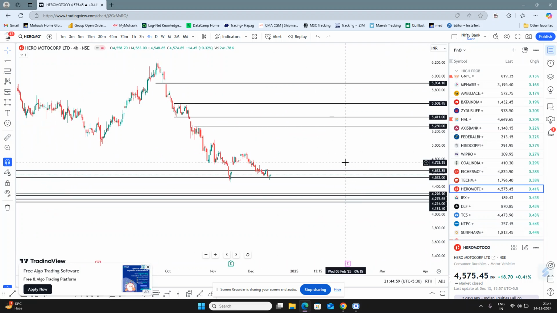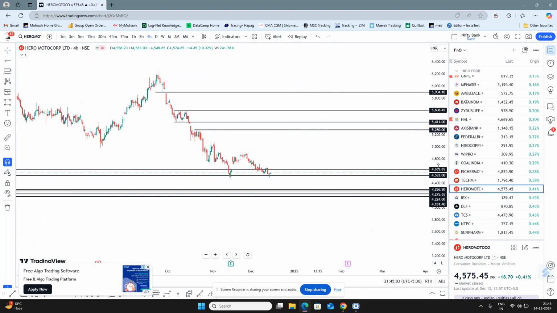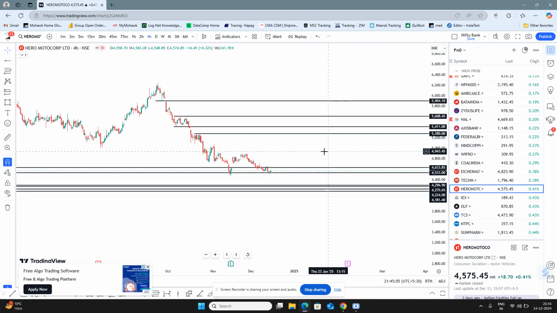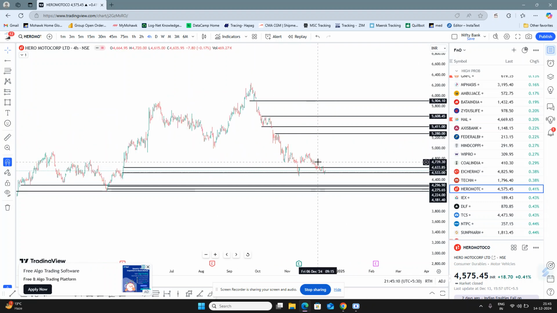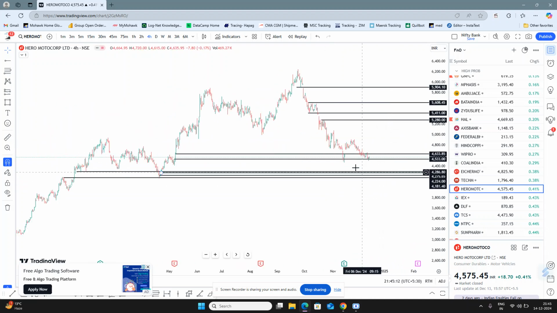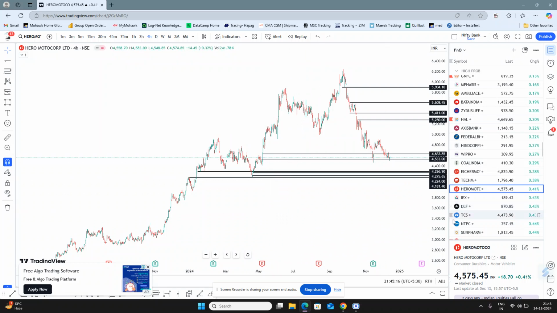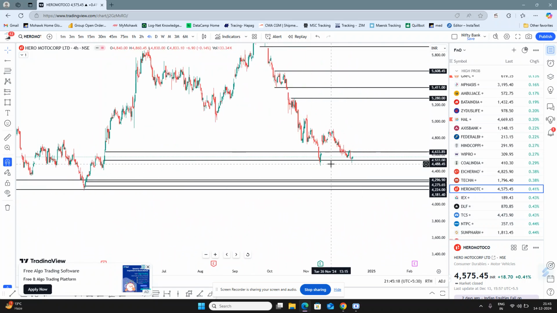I repeat, it requires a lot of practice. Do 1, 2, 3, 5 stocks in this way only. Do not unnecessarily try to find opportunities. Only if there are coming opportunities, you have to react.